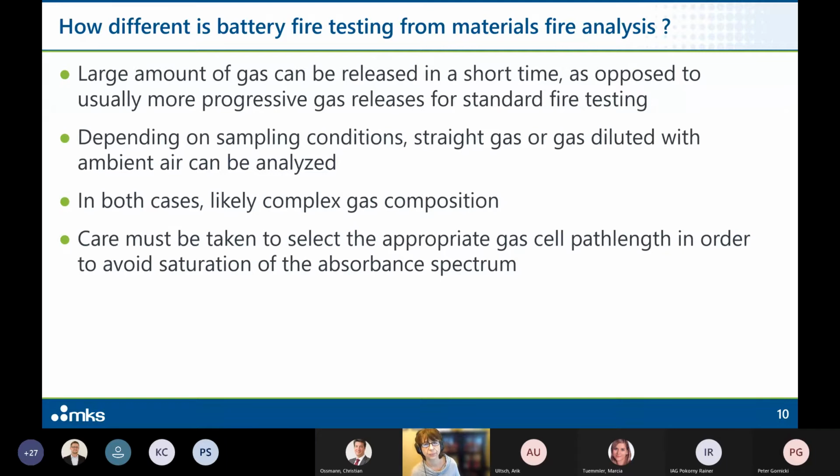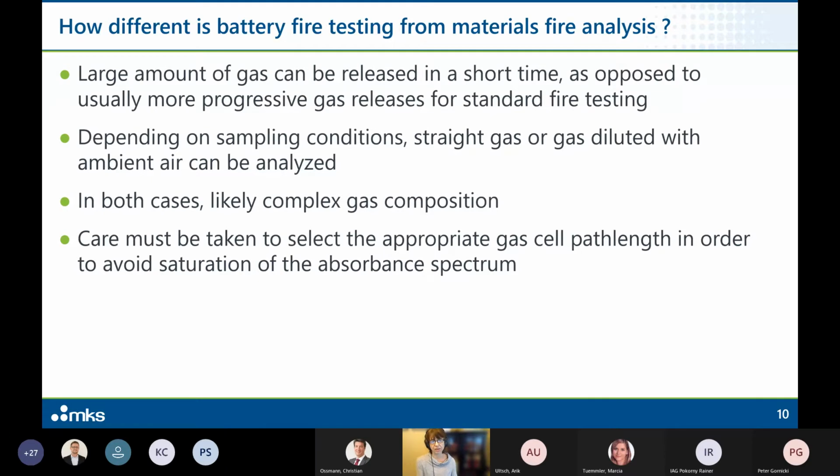Depending on the sampling conditions, either the straight sample gas or gas diluted with ambient air can be analyzed, because if you have a lot of percent level of gas, it might absorb completely in the infrared with the gas cell chosen, and in that case you would only see partial information.